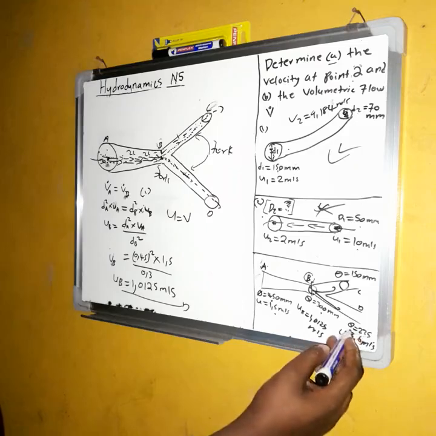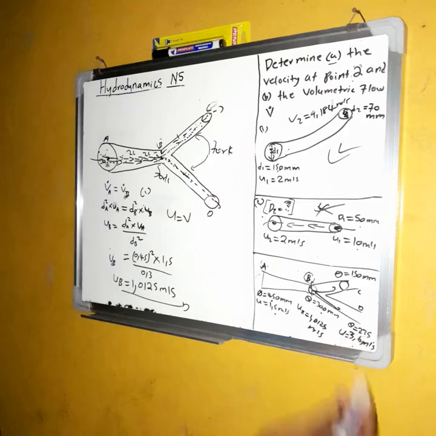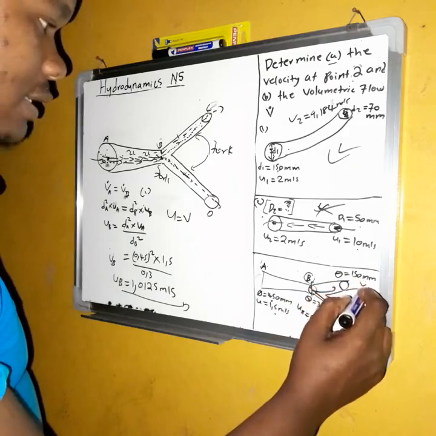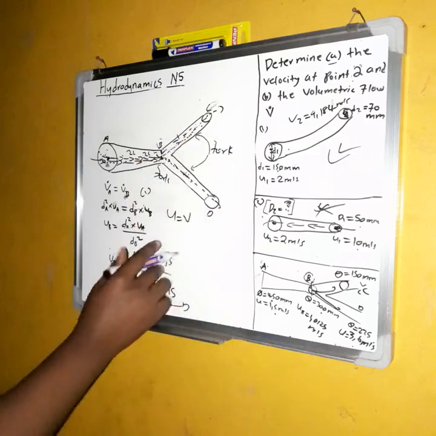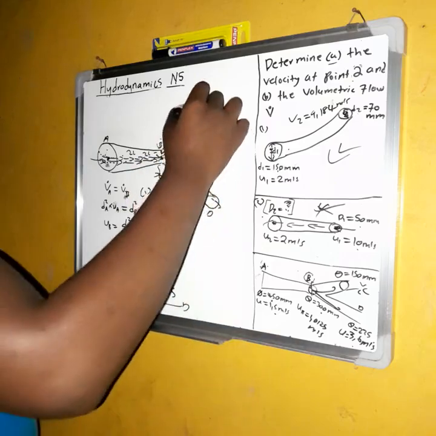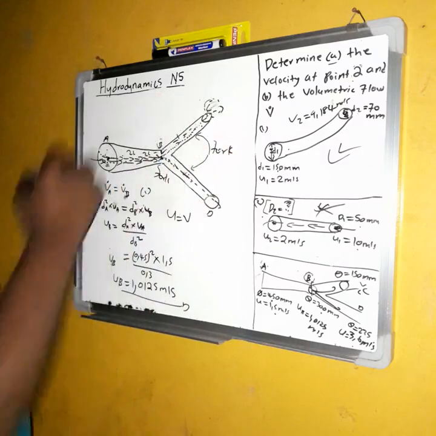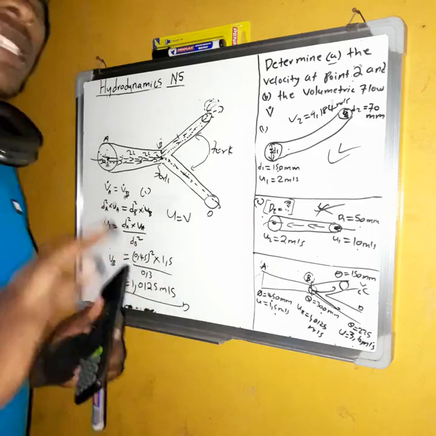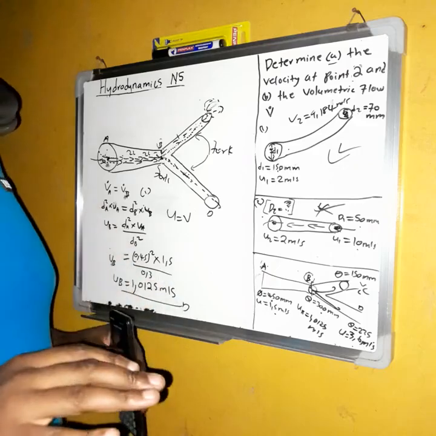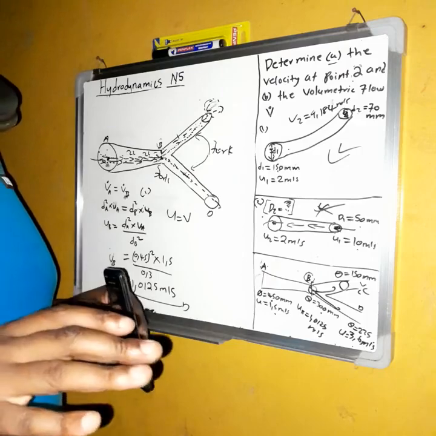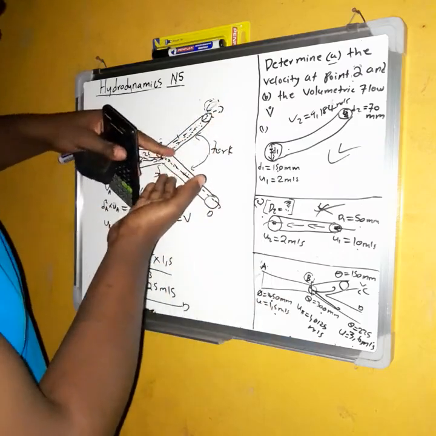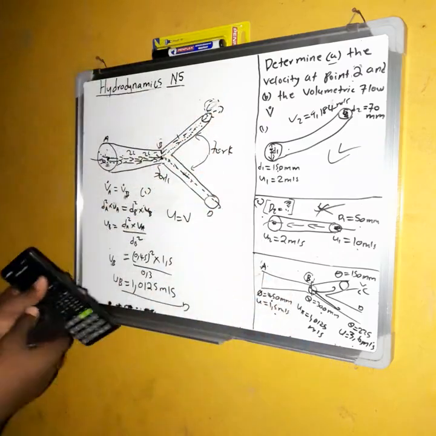We have the diameter here and the velocity, but I want us to find the velocity at C now. Only two formulas we'll use. Once the question wants you to find something regarding this portion where the pipe splits, you must use this formula.